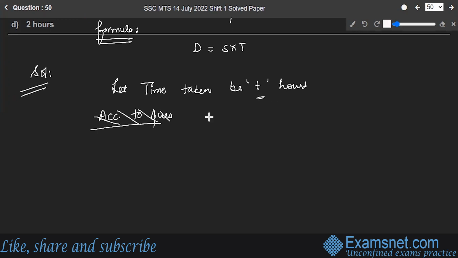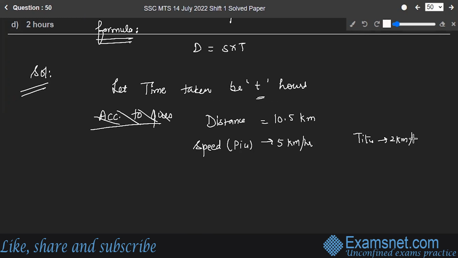In that case, what will be the distance? Distance is 10.5 kilometers, right? And what is their speed? Speed for P is 5 kilometers per hour, and for Q it's 2 kilometers per hour. So what is the distance covered by P in t hours? That will be 5t.